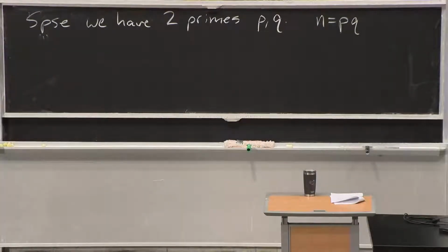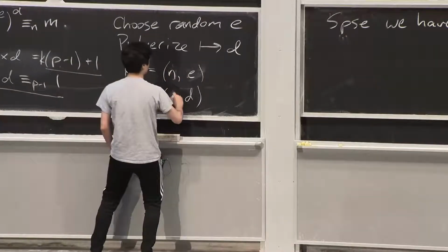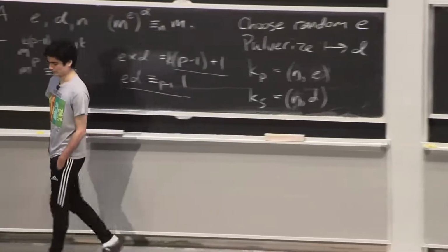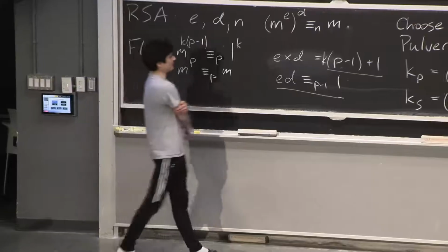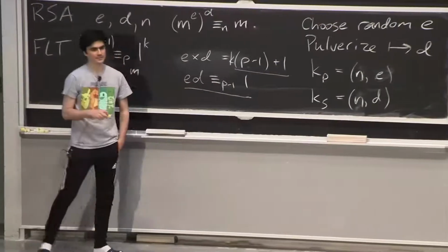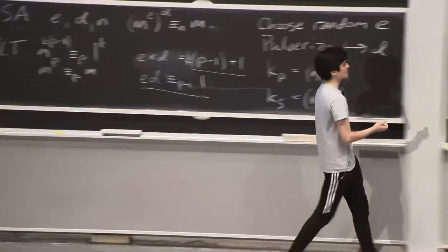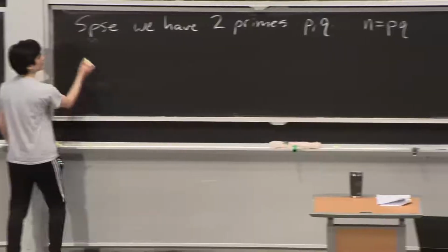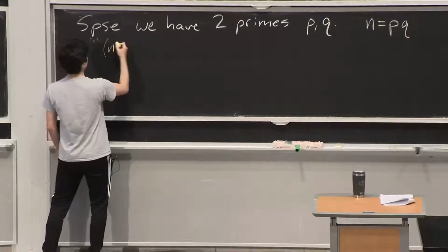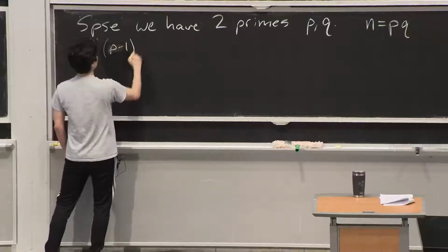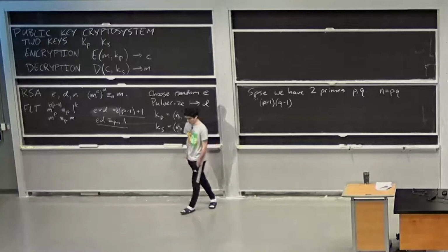So that's going to be what I want to share here. Okay. But now, this no longer quite works. So instead of pulverizing with n minus 1, we're going to pulverize with p minus 1 times q minus 1. Okay.